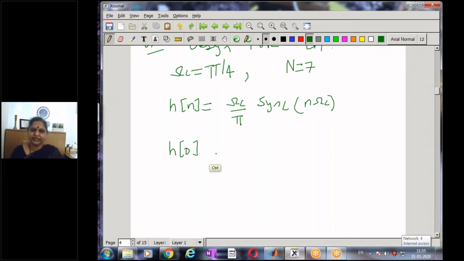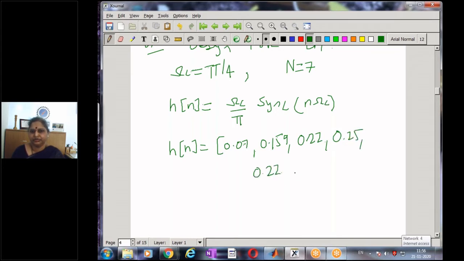If I directly write the sequence h of n, we got the values in the previous module as 0.075, 0.159, 0.22, 0.25, 0.22, 0.159 and 0.075. This is our impulse response h of n.